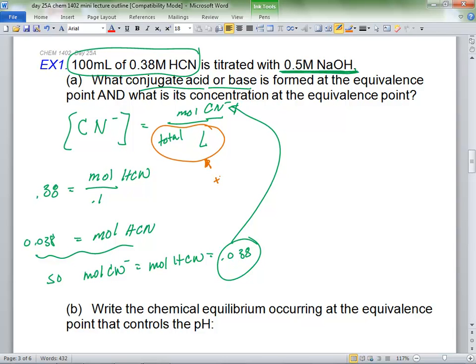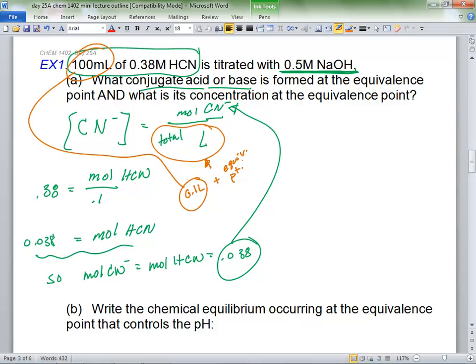It'd be the 0.1 liters, and that number is just coming from right here. But then you've got to find the equivalence volume, plus the equivalence volume. So we've got to find the equivalence point.